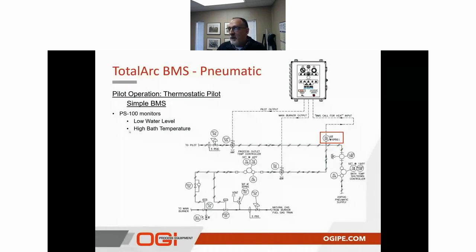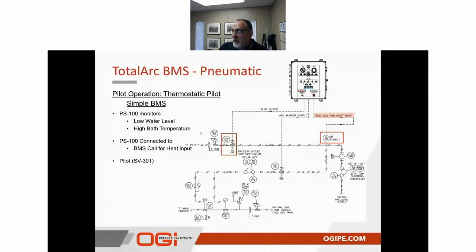That all by itself is going to give us some feedback, and basically with that, this PS 100 connection is actually connected directly to the BMS call for heat input, which, as a result of that input on a thermostatic pilot, will automatically open the SV, the pilot valve, and prove the pilot.